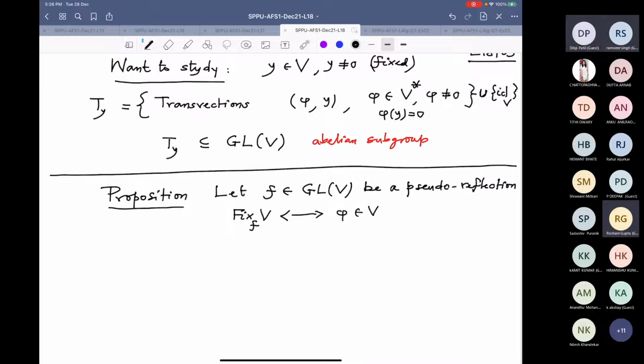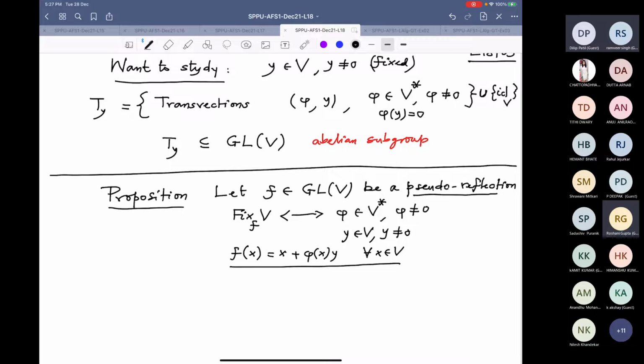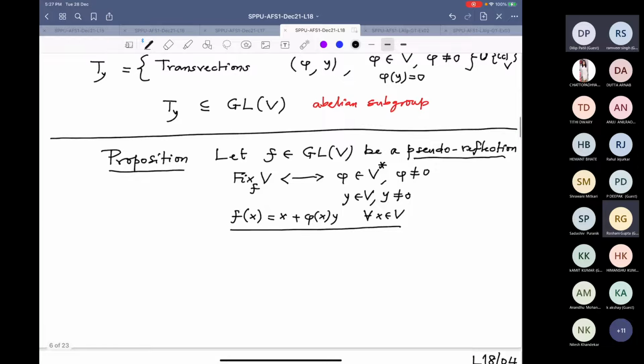Phi is in V star and phi is non-zero, and there is a non-zero Y in V with this equation. Fx equals x plus phi x times Y. And this is true for every x in V. This is a pseudo reflection. Again, you go and stare at those pictures. All right.